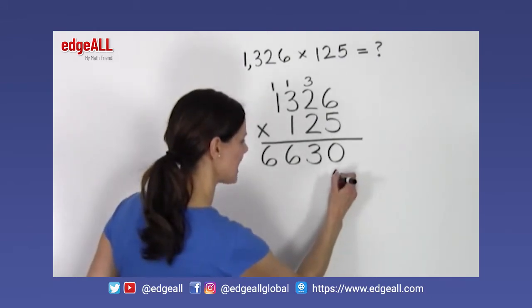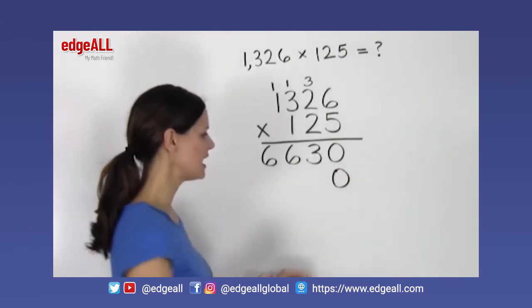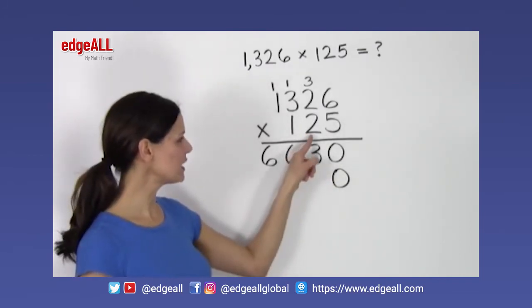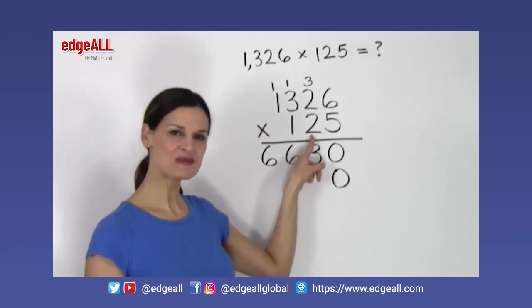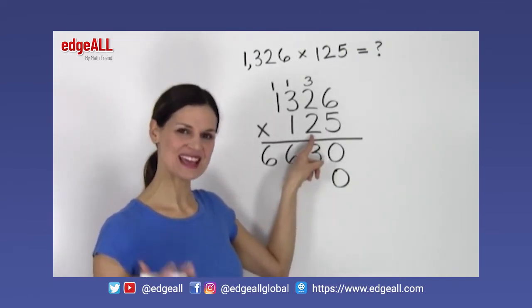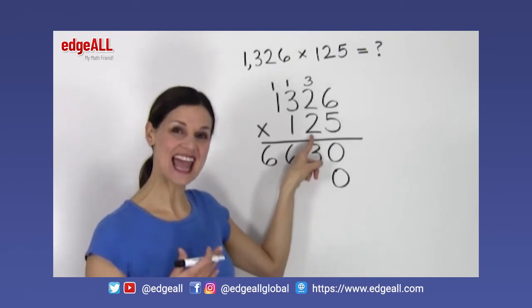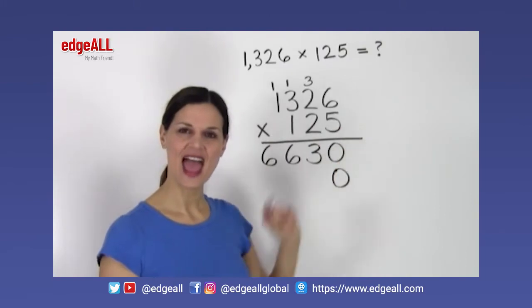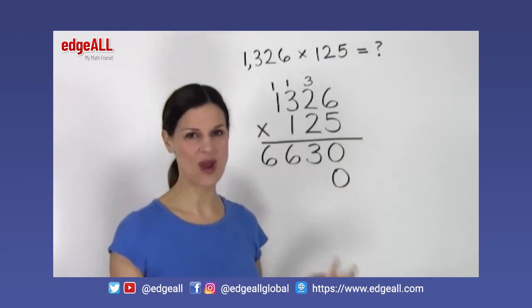So in this case, I'm going to add this 0 here, holding my position here in the ones place. And now I'm over here working with this 2. I'm really multiplying everything by 20 because this 2 in the tens place of the 125 actually represents 20.